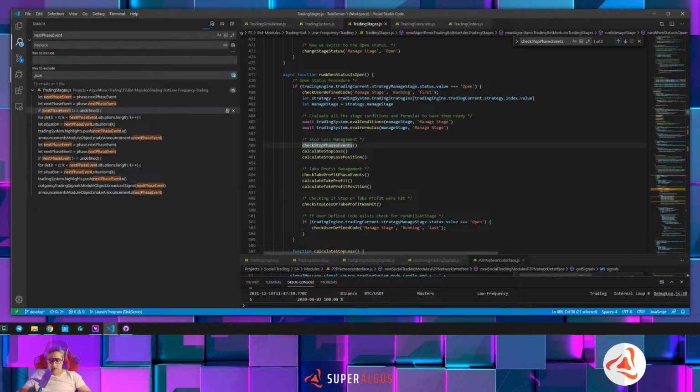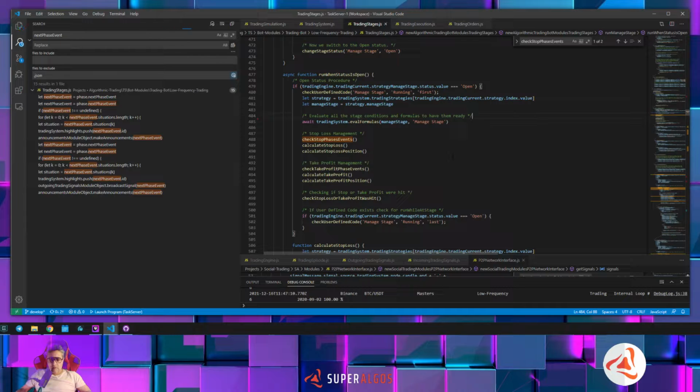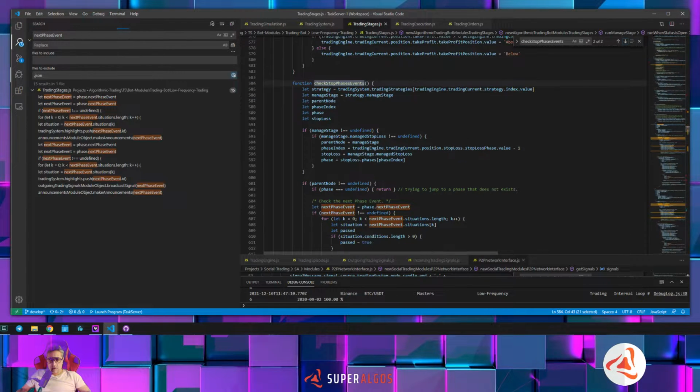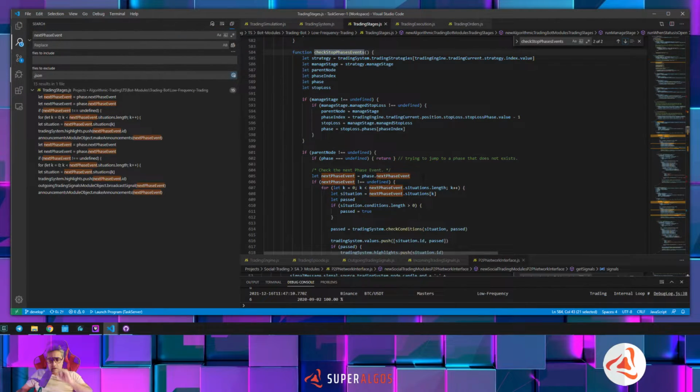Here. Exactly before we are doing the evaluation of all conditions. The problem is that at this point it would evaluate all phases and everything. So we need to get into here and check stop phase events.